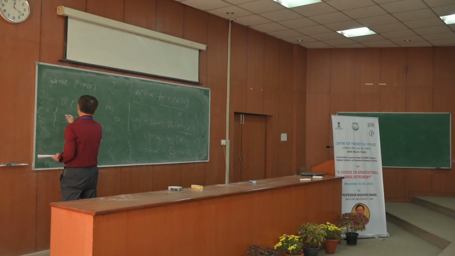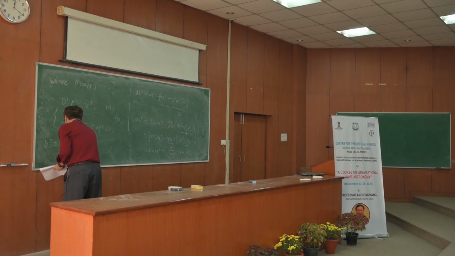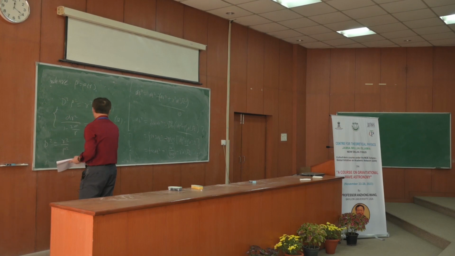Now you can actually get from here d squared equal r squared rho squared. Then put it here.